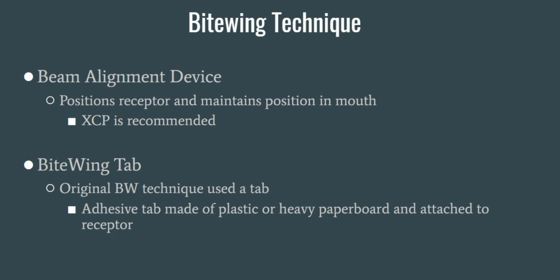And it was less bulky in the patient's mouth, but because you didn't have the aiming ring to aim at the patient's mouth, sometimes this technique caused a lot of errors, so it wasn't always the best when learning.